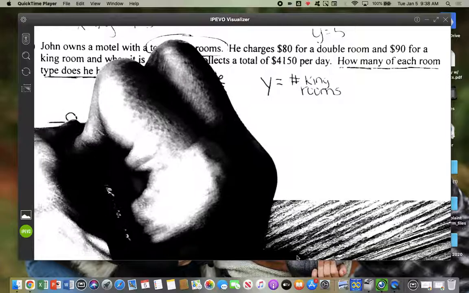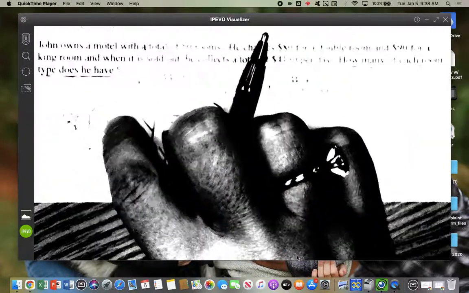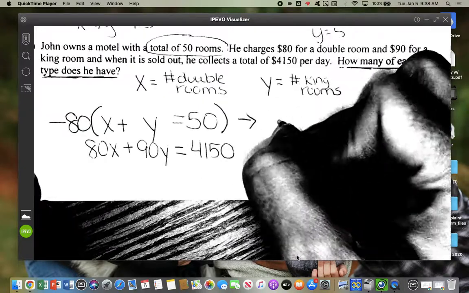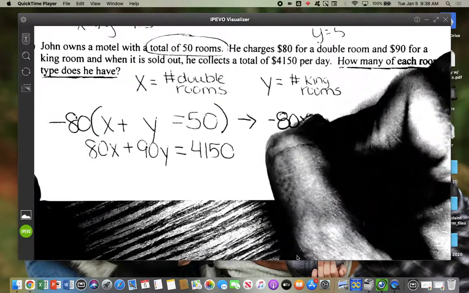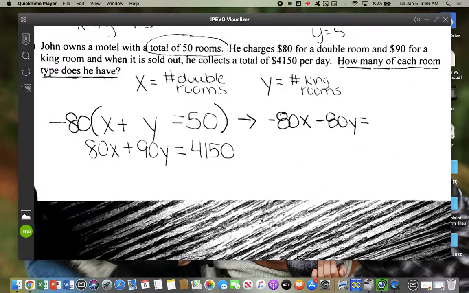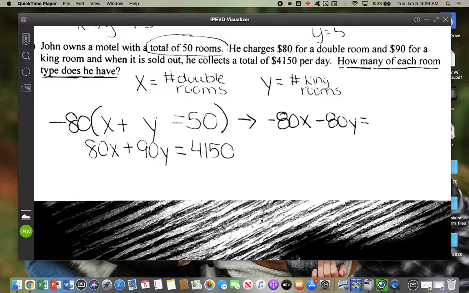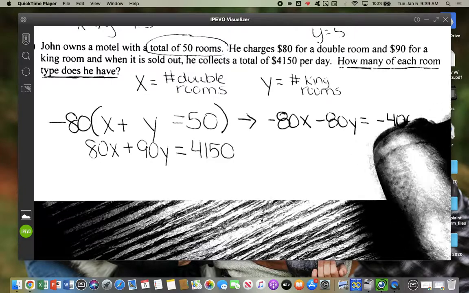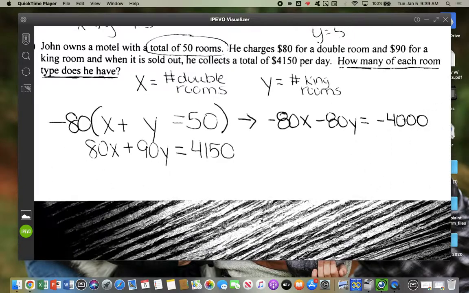And we have to multiply by negative 80, so that way the negative 80 cancels with the positive 80. So our new top equation is going to be negative 80x minus 80y. What is negative 80 times positive 50? Because we know 8 times 5 is 40, and then we have to add 2 zeros.